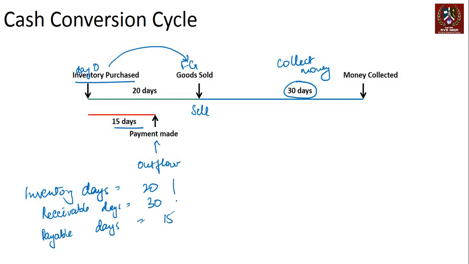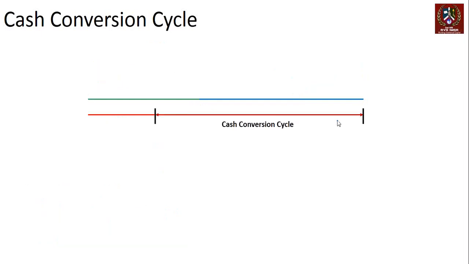Now, that's what we have calculated, 20, 30, and 15. So the question we need to ask is how many days does it take for the company from the outflow till the inflow when the money is collected? What is that duration, right? That's the duration we are looking at.